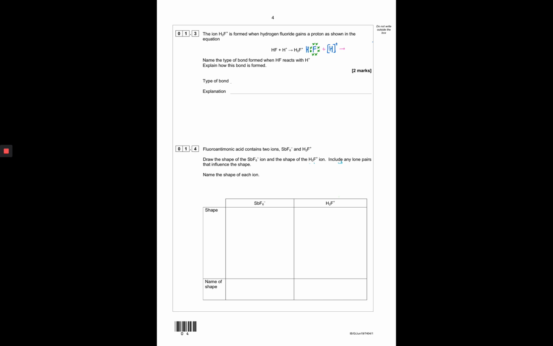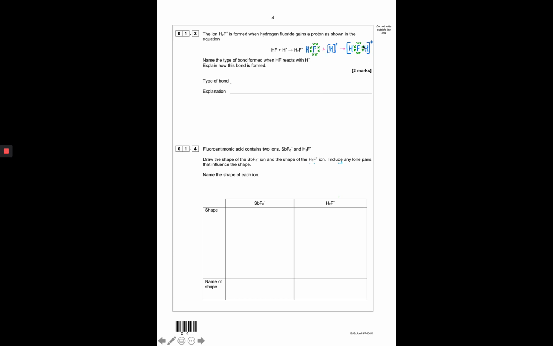If you think about how you could stick those together, because that's really what's happening, the question says the type of bond formed when HF reacts with H+. Then we're looking at something like this, and what you can see is that H+ is just stuck on to that pair of electrons on the fluorine atom.